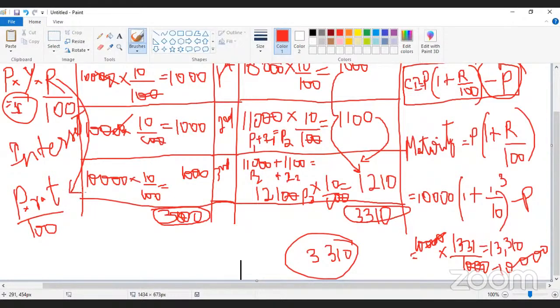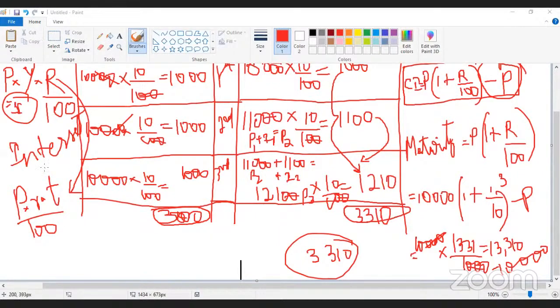I'm now trying to get at the whole compound interest. Compound interest will never come from the formula PRT by 100. PRT by 100 is only simple interest, not compound interest. Sir, I understand that, sir. I'm trying to make sense of it.